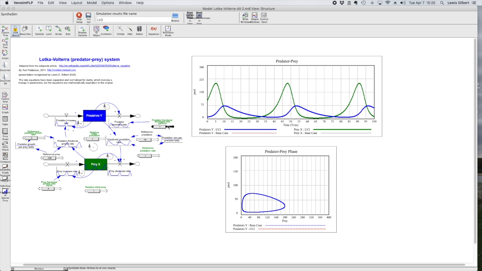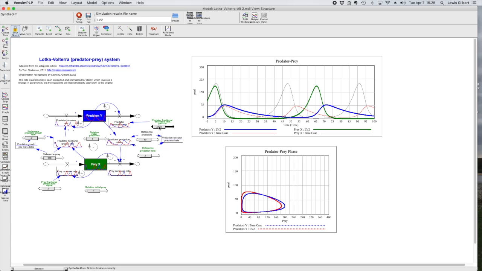So this variable essentially controls how long predators live. It actually controls how quickly they die. So if we make the rate at which they die smaller, they live longer.